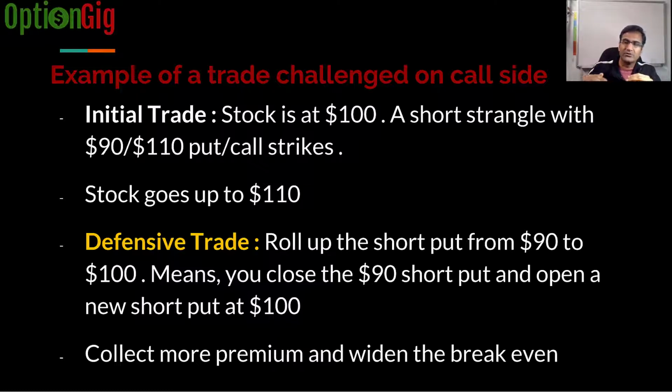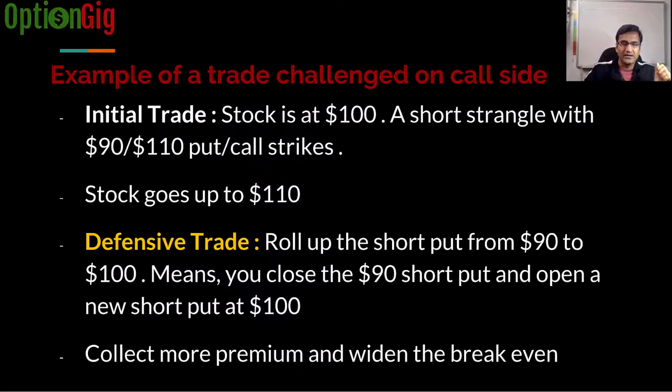If the stock moves up and tries to challenge your call side, then you should roll the put up closer to where the new stock is. That's it. Whenever you do this, you collect additional premium, which widens your break-even, which gives you more buffer, and without any additional risk. So that's the main concept.